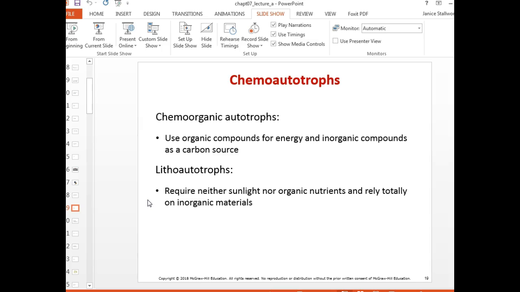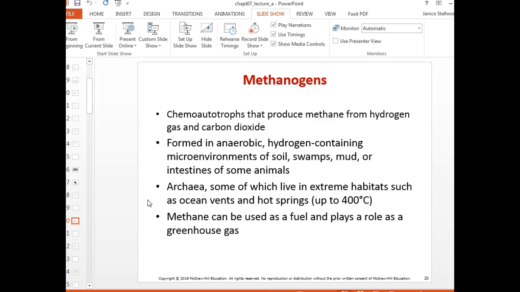Chemoorganic autotrophs use organic compounds for energy and inorganic compounds as a carbon source. We also have lithoautotrophs that require neither sunlight nor organic nutrients, and they rely totally on inorganic materials. Methanogens.